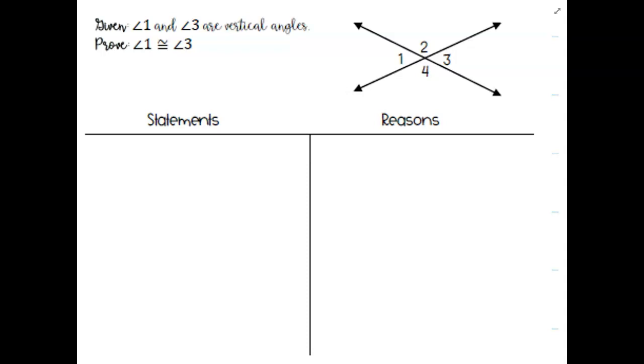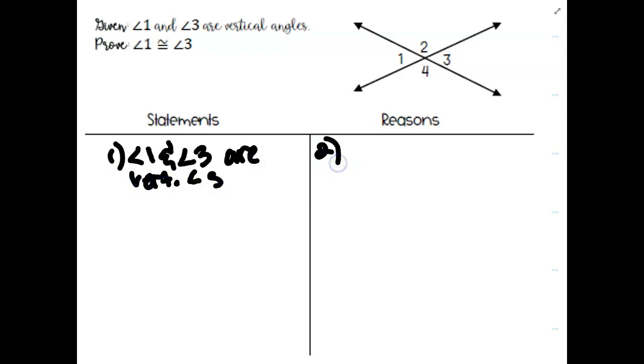So my first statement is going to be angle 1 and angle 3 are vertical angles because it's the given. That's always going to be your first statement.